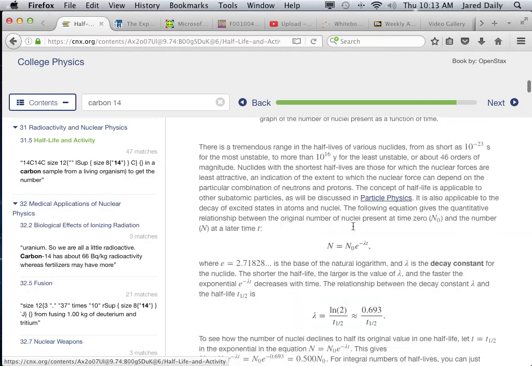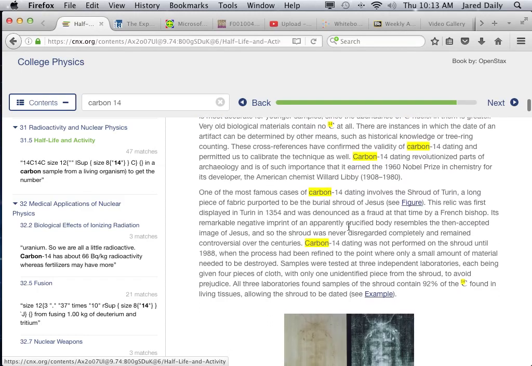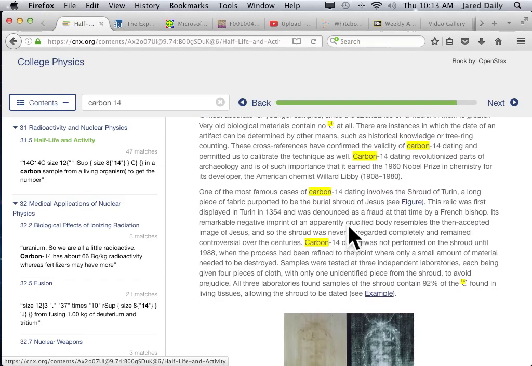No, I can't find it. Wait, here we go. No, that's not either.